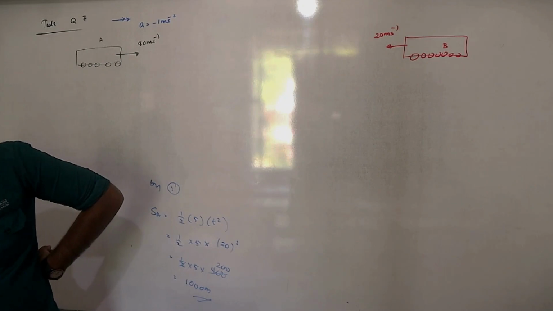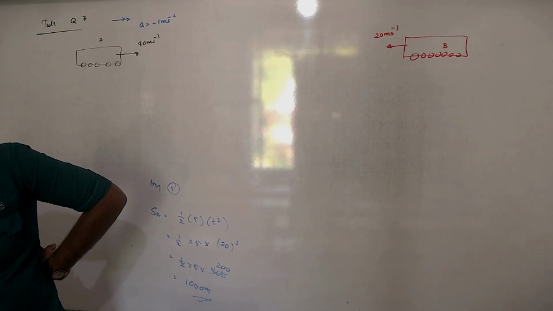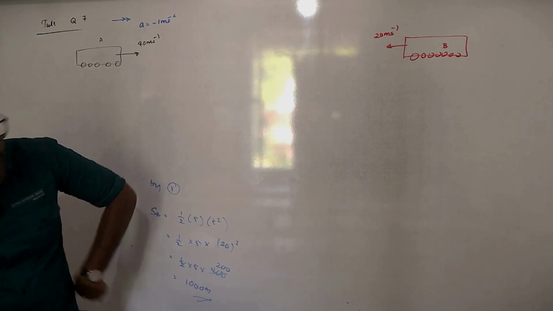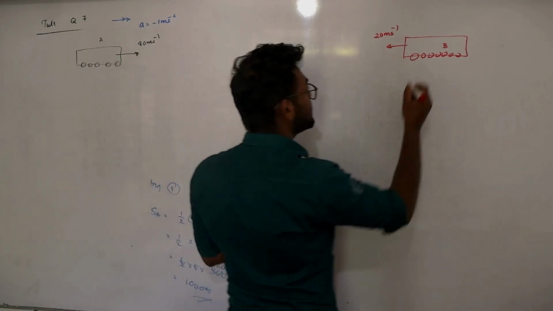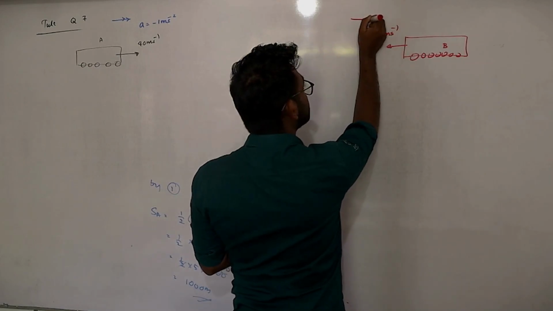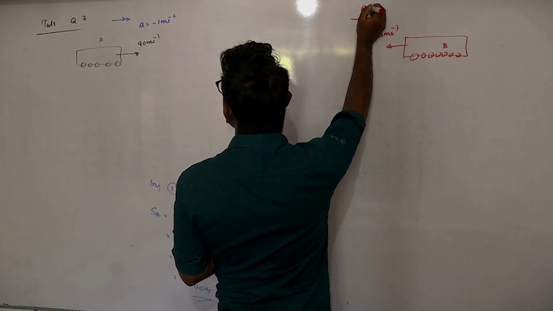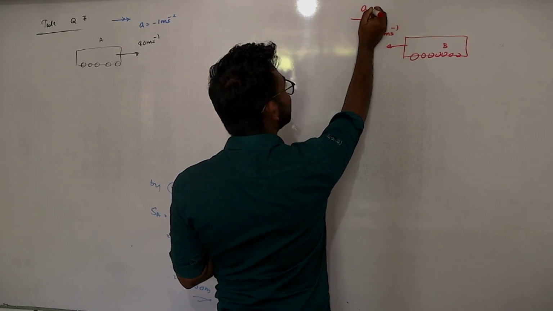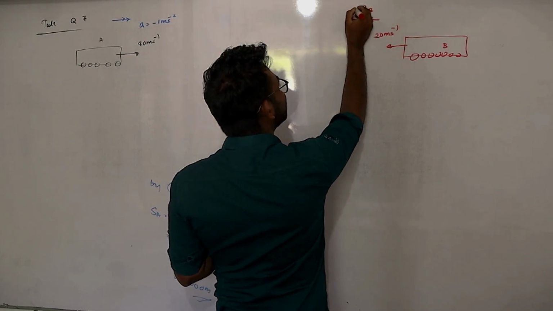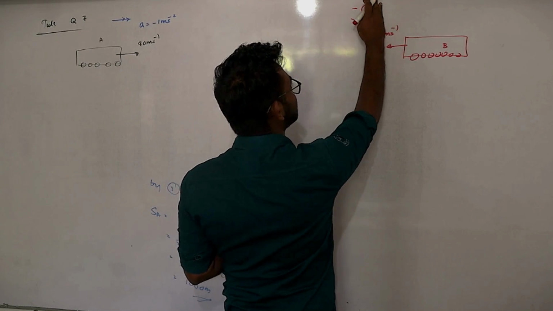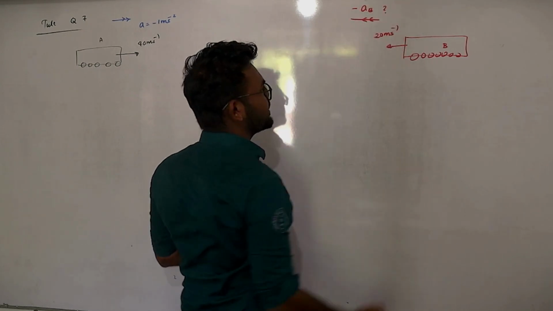Okay, then the train B. Okay, that's what we need to find out, right? What's the deceleration of the B here? I'm going to take it to be a_B maybe. That has to be minus to this direction, and we're supposed to find that.